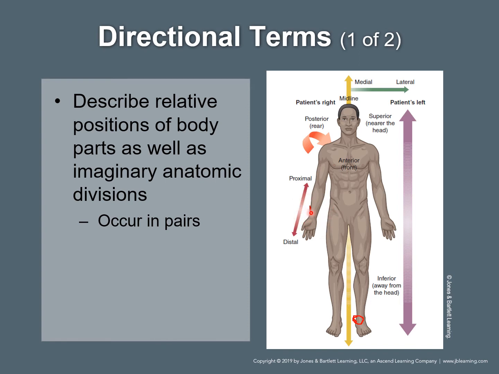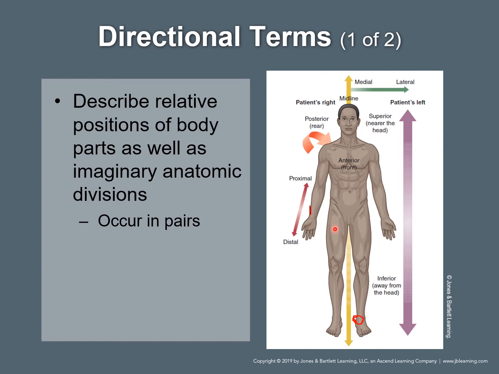Okay, it's on the part of the forearm that's farthest away from the body. You could say that this laceration is on the lateral side of his forearm. You could say that he has a laceration proximal to his thumb, because here's his thumb, and the laceration is closer to the body than what the thumb is, so it's proximal to the thumb.